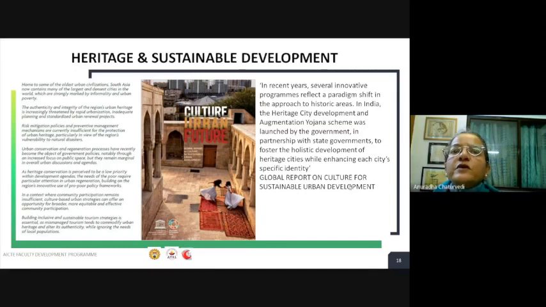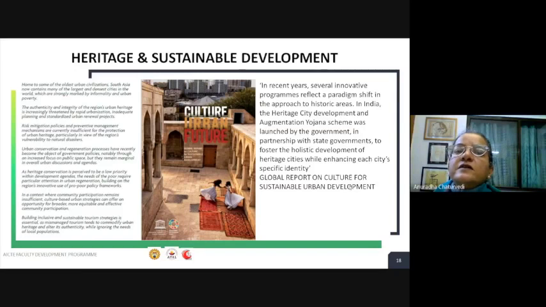So, this report also brought out that the authenticity and integrity of South Asia and India's urban heritage is threatened by rapid urbanization, that there are problems with inadequate planning, and there are standardized urban renewal projects which may have a detrimental impact. It also identifies that the region has a vulnerability to natural disasters.